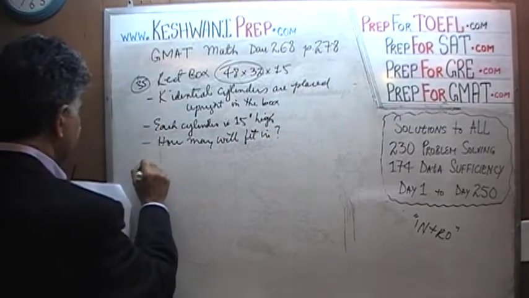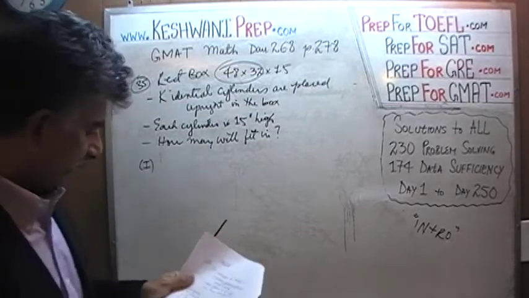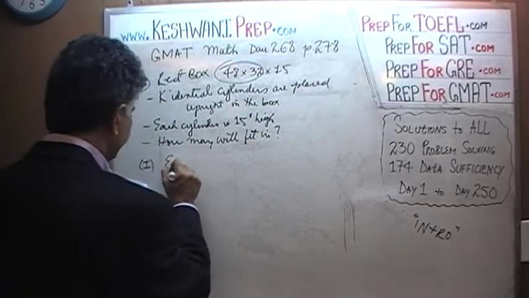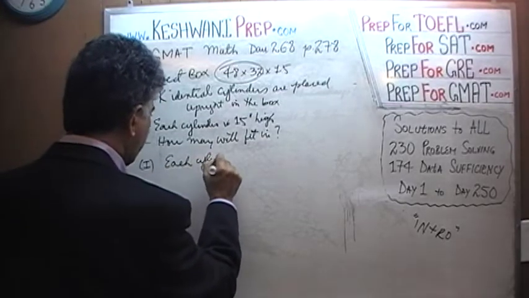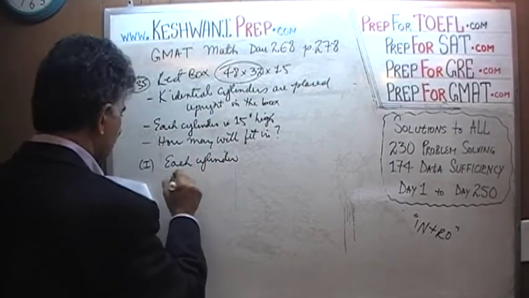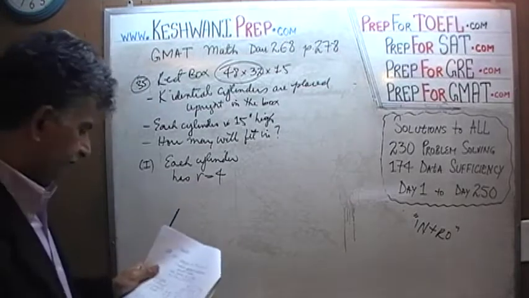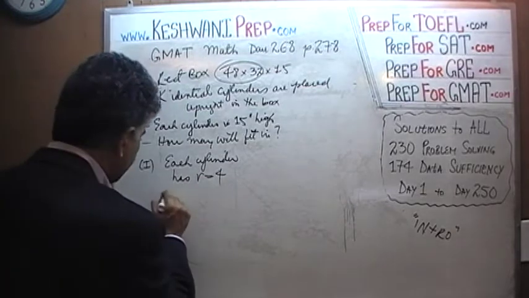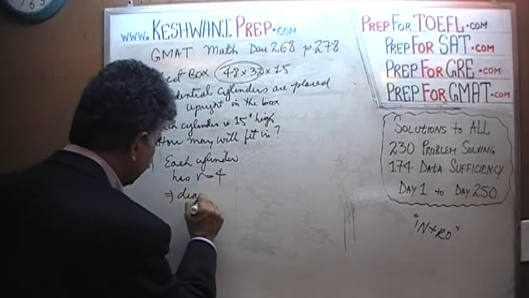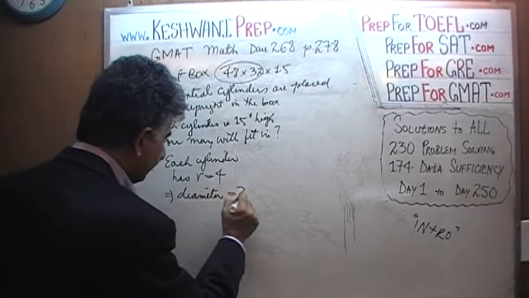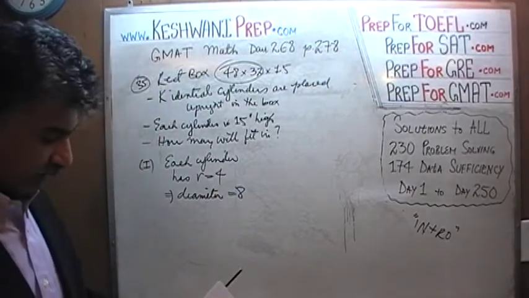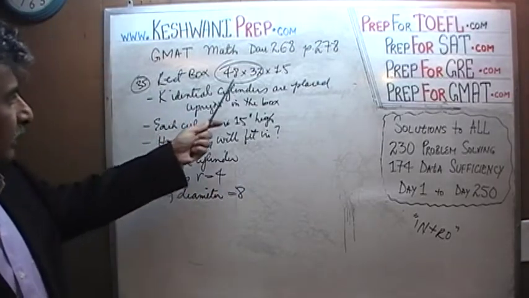In the first statement, they tell us each cylinder has a radius of 4. If the radius is 4, that tells us that the diameter of each cylinder must be 8. We just established that this is our floor.